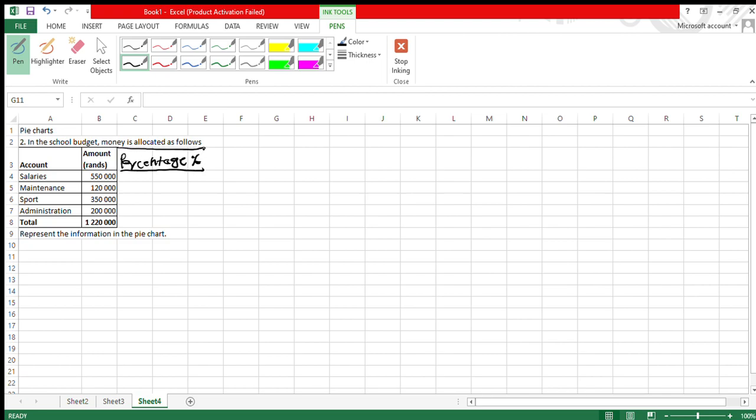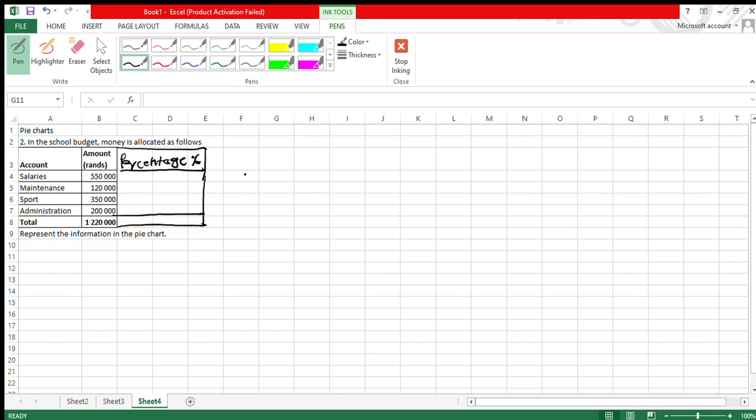The next stage now is to use a formula to calculate the percentage.